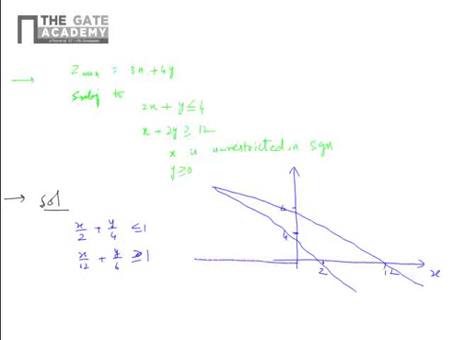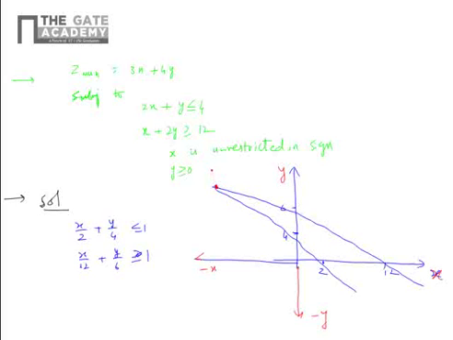This is x, and this is minus x, y. So we are allowing negative x values also. So there is an intersect point on this side. That's why the condition is changed to unrestricted sign.